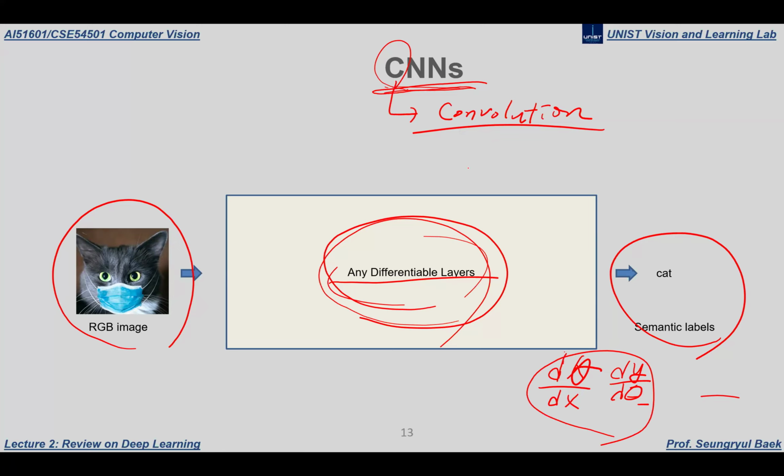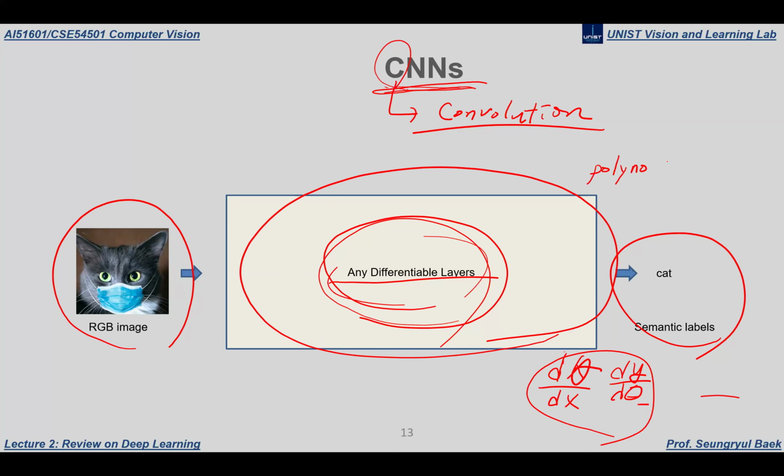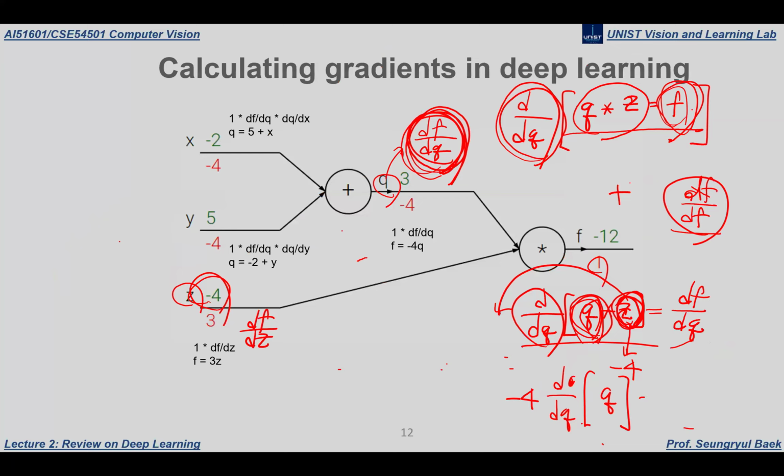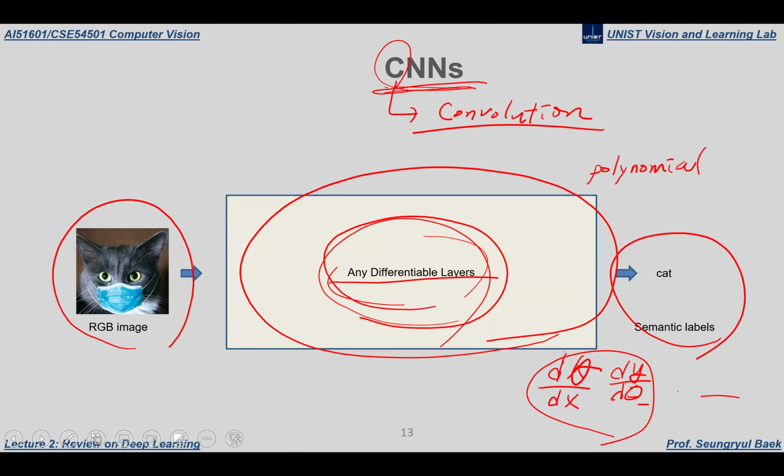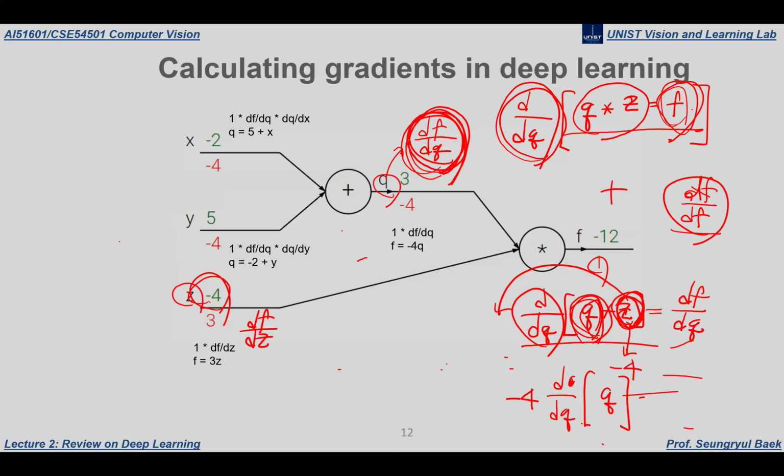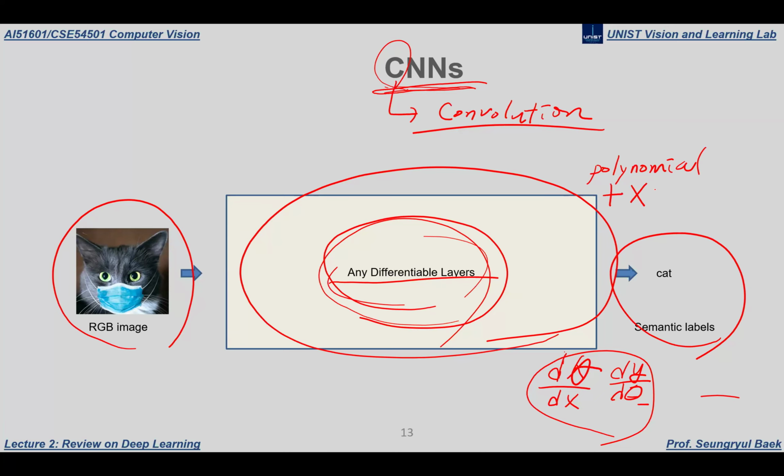If that layer's formula is polynomial, if the intermediate layer's operators are composed of plus, multiplication, subtraction and division, okay?